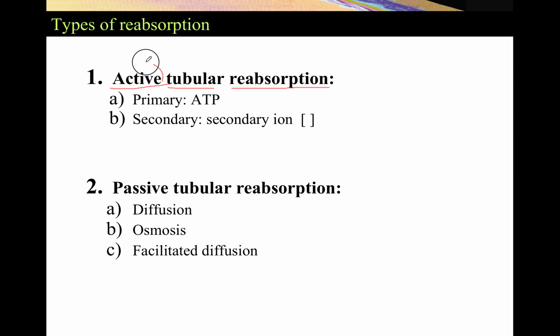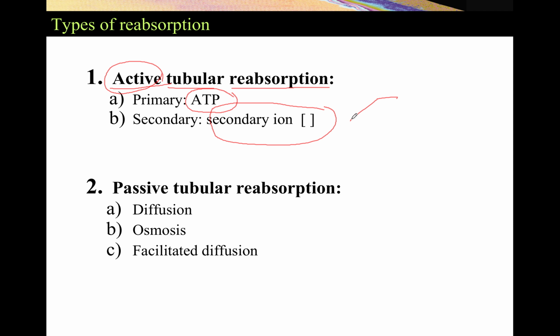The word active implies we need some sort of energy, so you could use energy in the form of ATP, or you can use secondary transport, where one ion moves with its concentration gradient while the other moves against its concentration gradient.